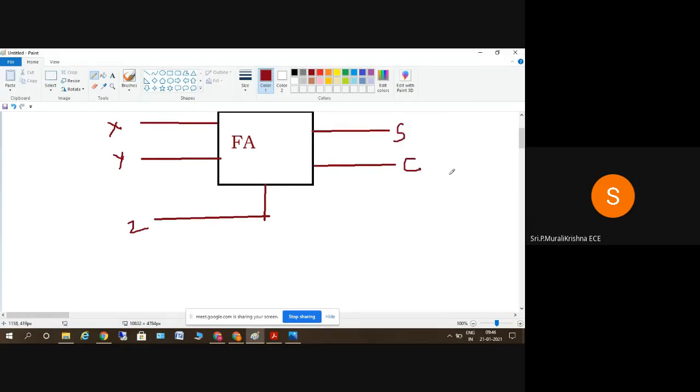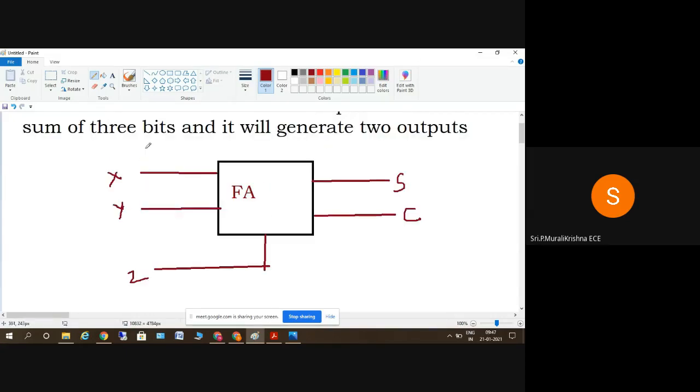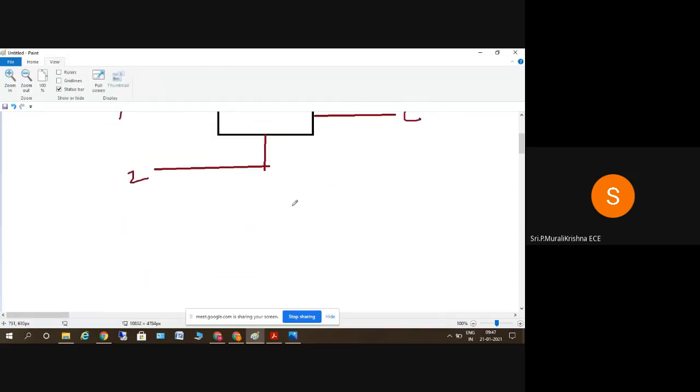Now I have to draw the truth table here. Now we'll go for finding the truth table. So first of all, we need 3 inputs and 2 outputs here.